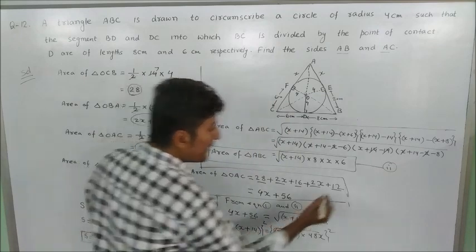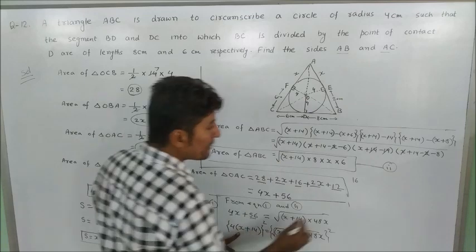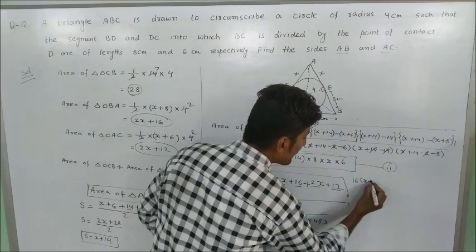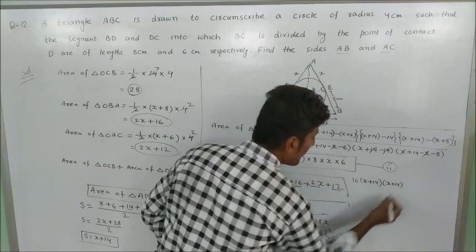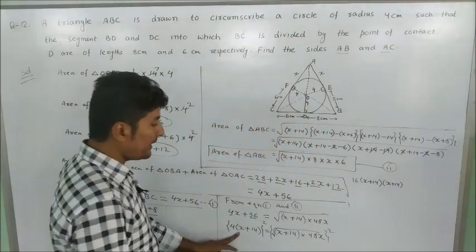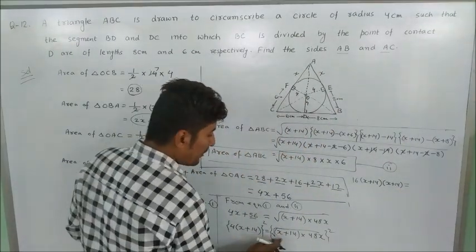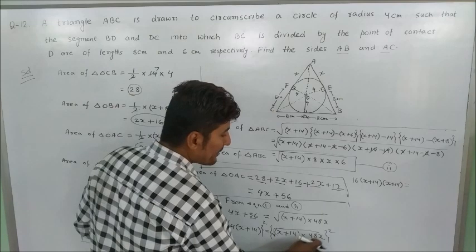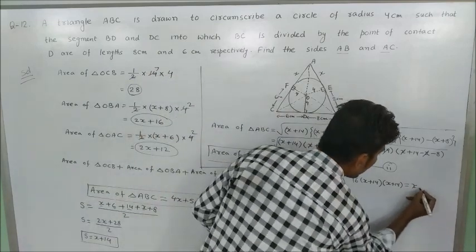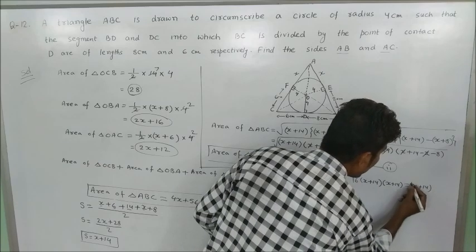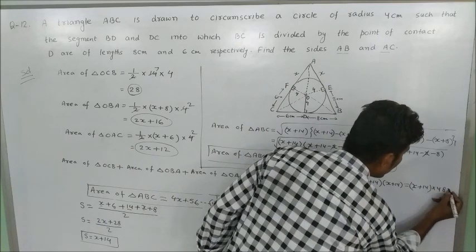So after putting the square on both sides, the square of 4 will be equal to 16, and (x plus 14) whole square will be equal to (x plus 14) multiplied by (x plus 14), twice. On the right, under root (x plus 14) into 48x whole square, so the root will be eliminated, and finally we write (x plus 14) multiplied by 48x.